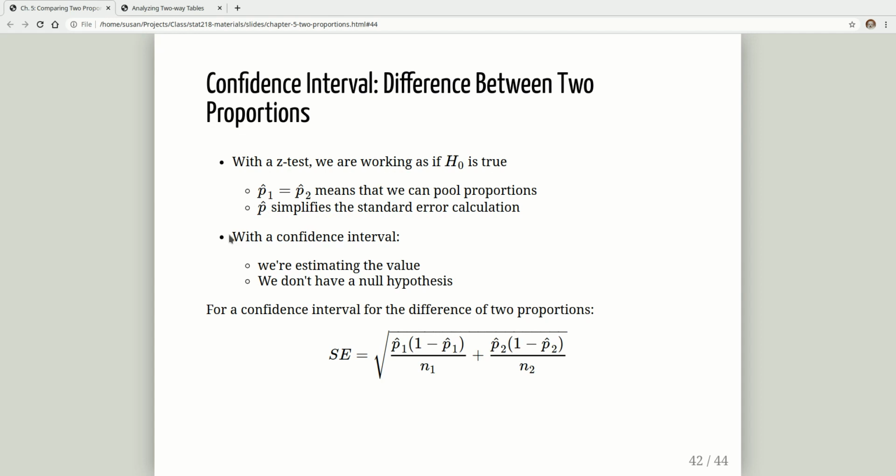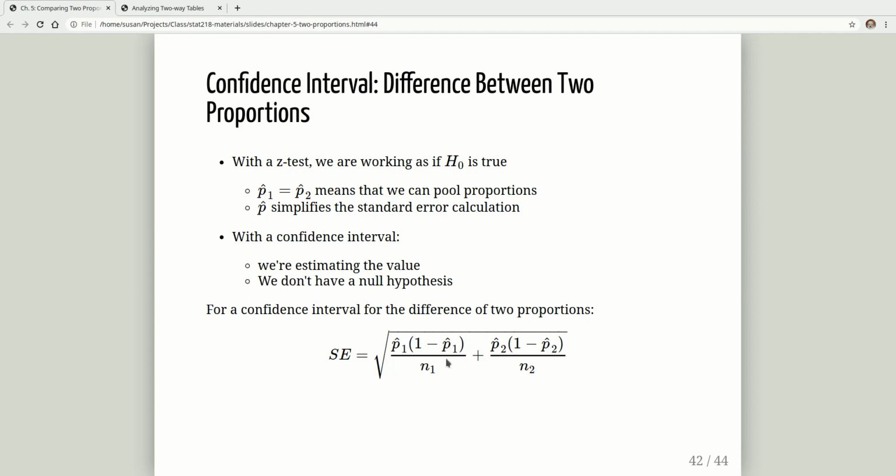Remember that confidence intervals only implicitly have a hypothesis test. When we make a confidence interval, we're estimating the actual value, first and foremost. So our standard error formula gets a little more complicated. We have the full standard error of the first group plus the full standard error of the second group. We add those together and take the square root.